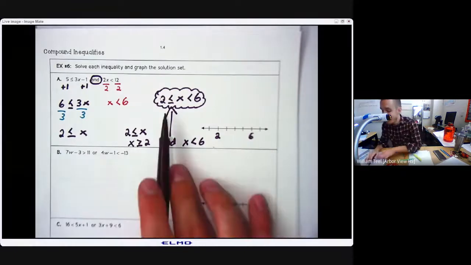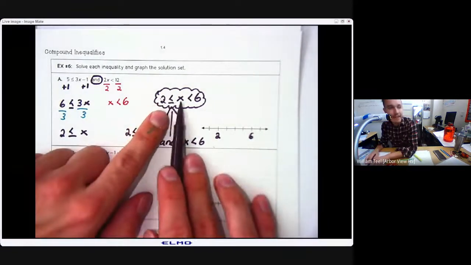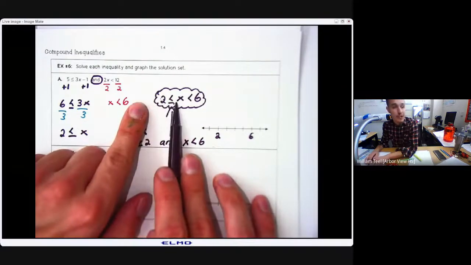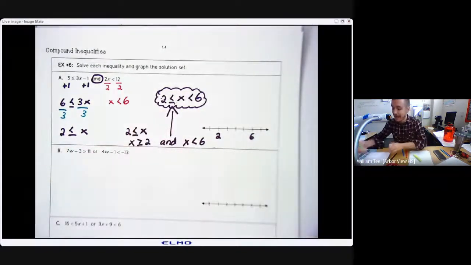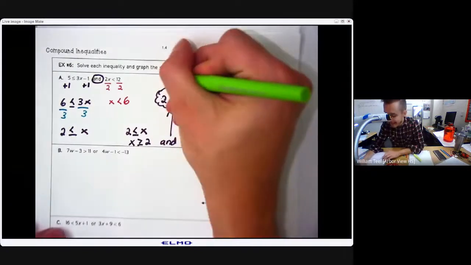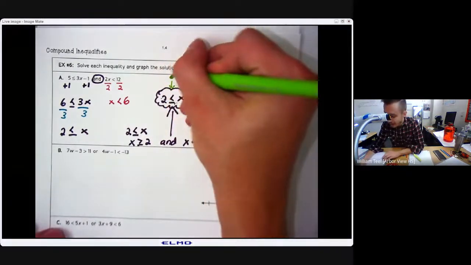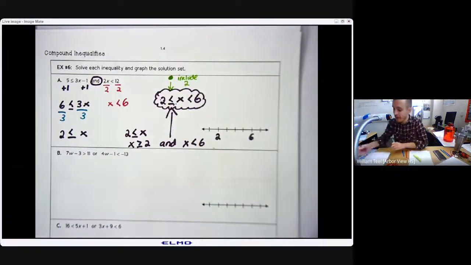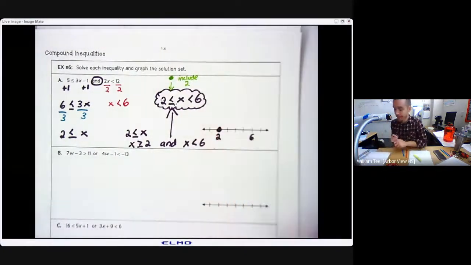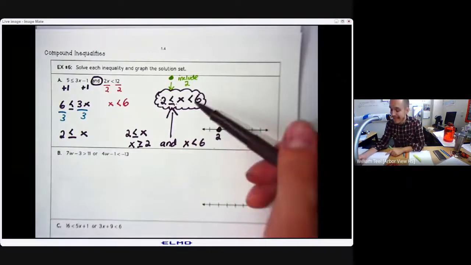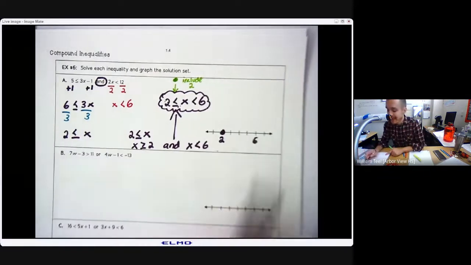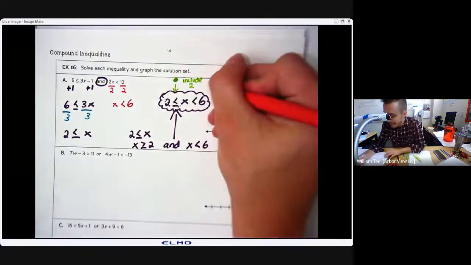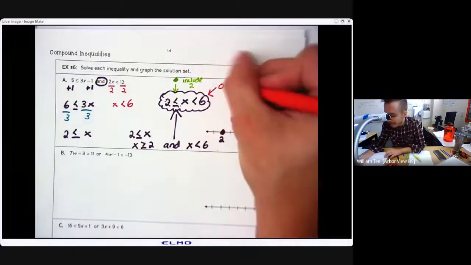So at 2, notice how I have a line underneath my inequality. That means that we are including 2. So since we have a line underneath, I'm going to say solid dot, include 2. Okay, so we're going to put a solid dot here at 2. Now we're going to look at 6. Notice how 6 does not have a line underneath. So instead of putting a closed dot, I'm going to leave an open dot.